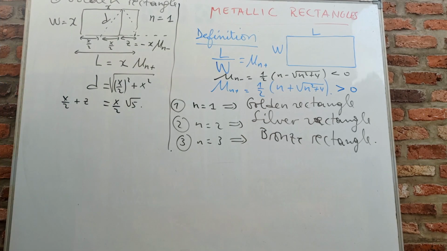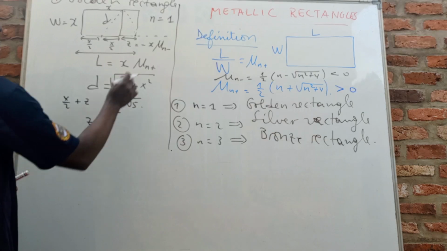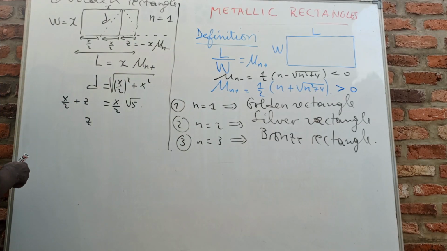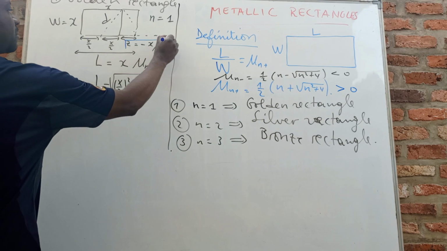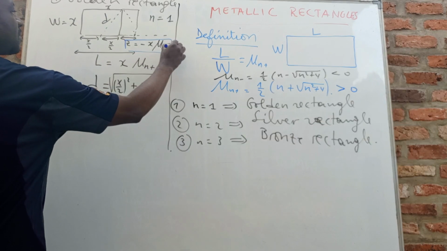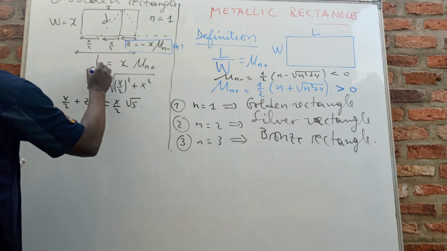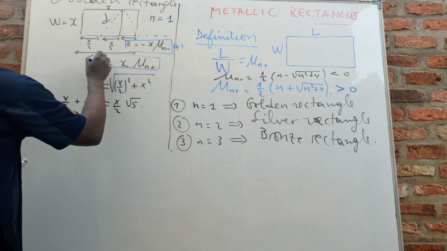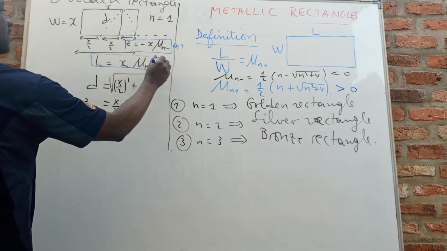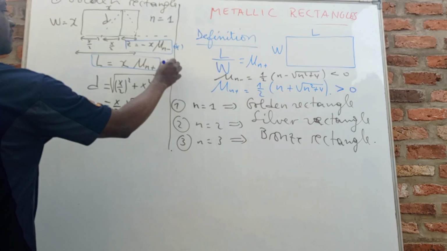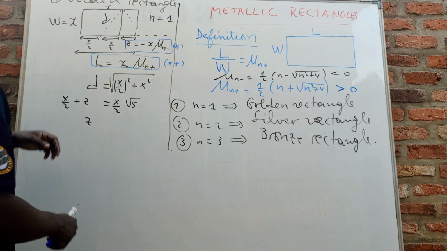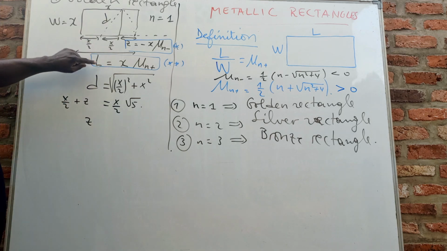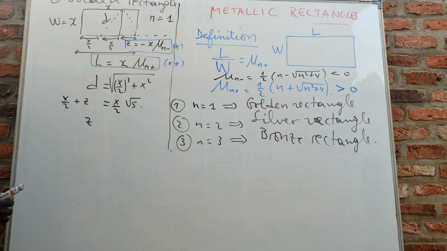Okay, so now calculate. First prove this identity. First I have to prove this relation, and next, if you know the value of z, it is simple to prove that the length is equal to that one, and by doing so, we are proving that length over width is equal to the metallic ratio.